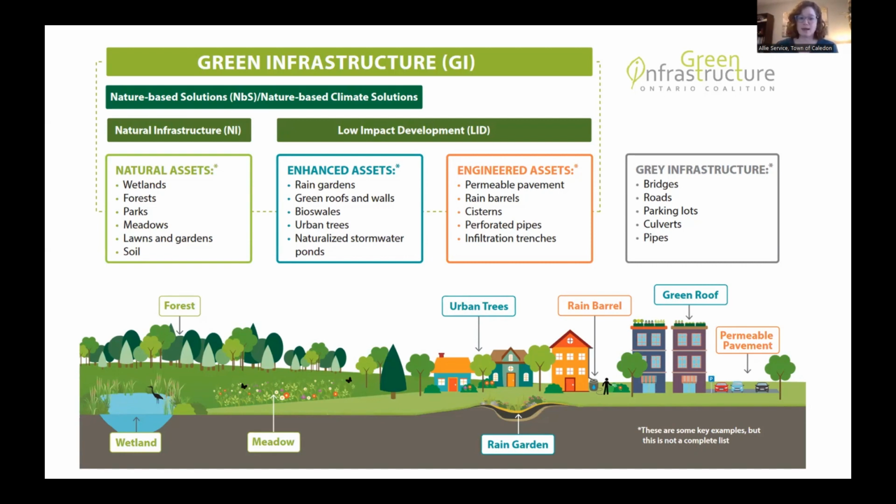Then there are low impact development techniques, both enhanced assets like rain gardens, green roofs, and street trees in urban areas, as well as engineered assets that would still be considered green infrastructure, like rain barrels and permeable paving. This is distinct from traditional gray infrastructure like our bridges and roads. That's what our Green Development Standard, in draft form at least, is focusing on: that full spectrum covered under the green infrastructure component.